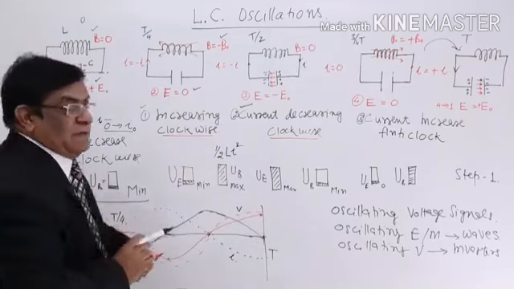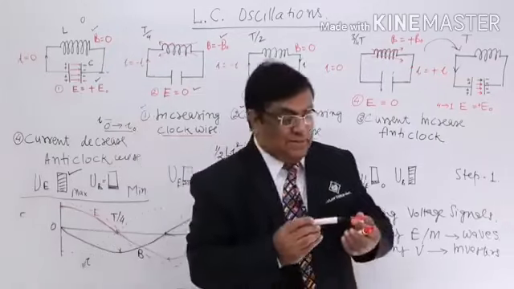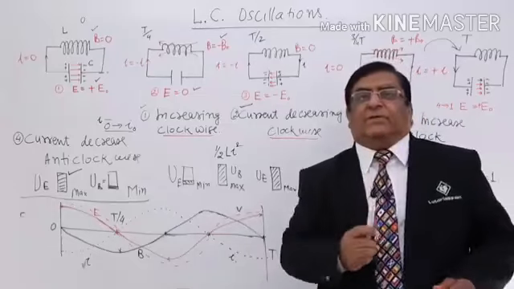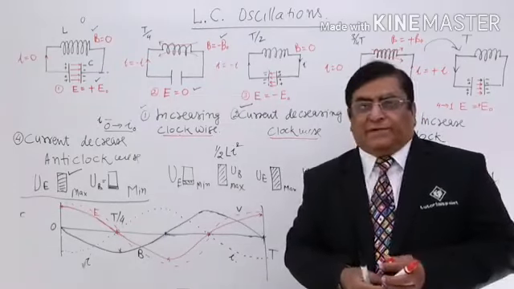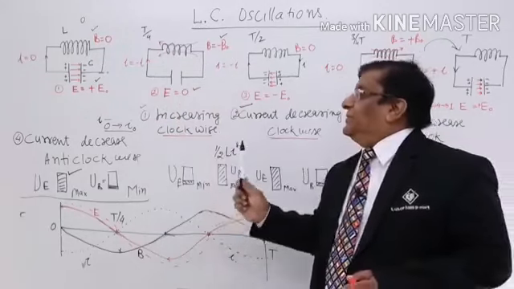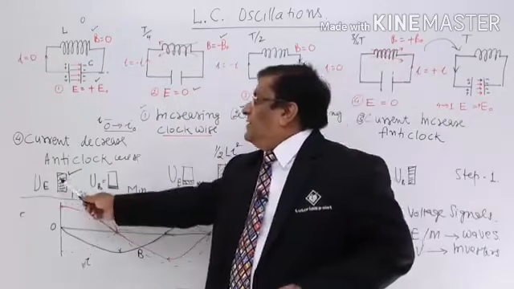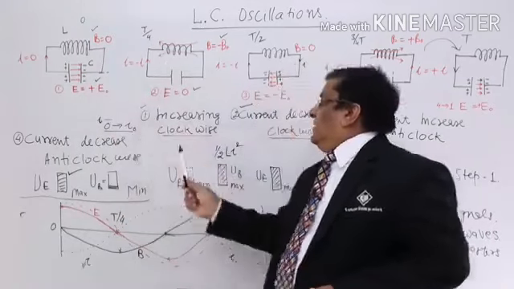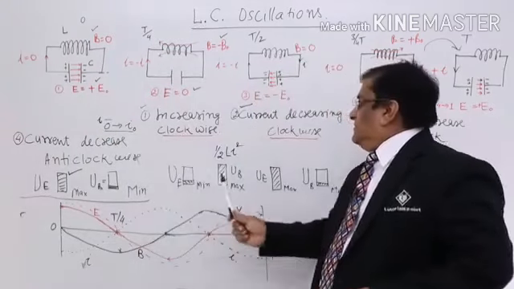So in this way we get the oscillations. Every quantity, whether it is electric field, magnetic field or energies, is also oscillating. Here electrical energy is 0. Here it is magnetic energy full, this is 0.